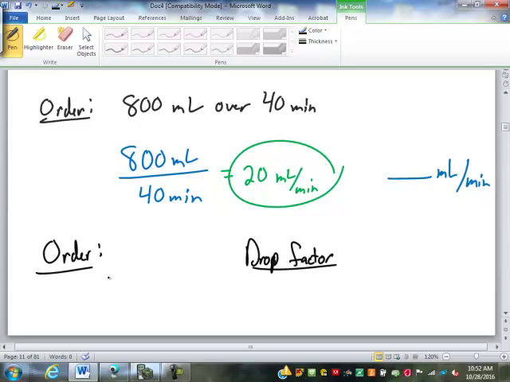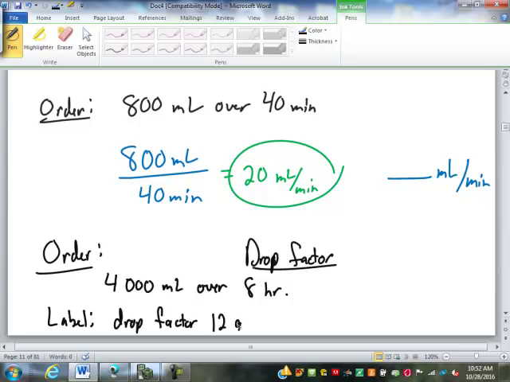So let's say we are ordered 4,000 milliliters over 8 hours. The medication is labeled with a drop factor of 12 drops per milliliter.